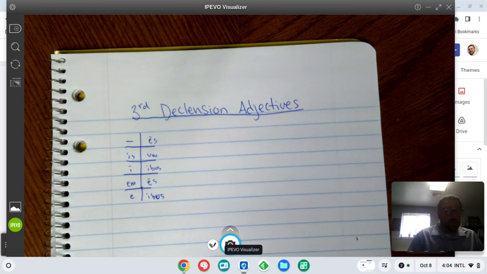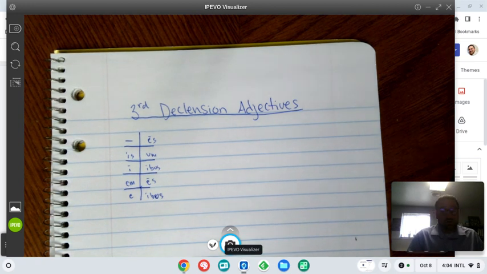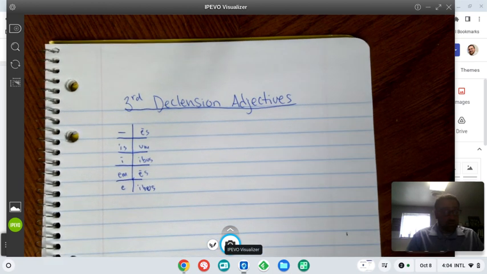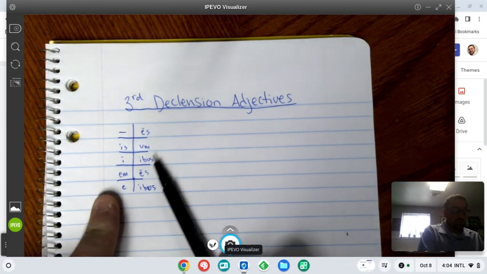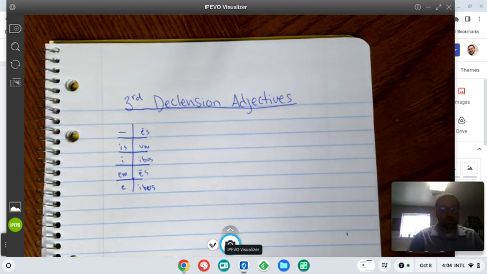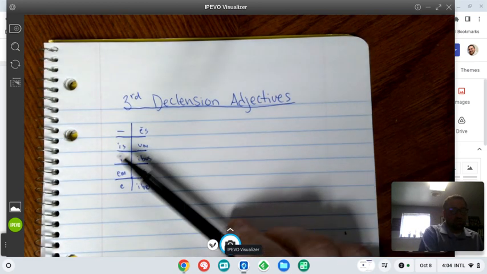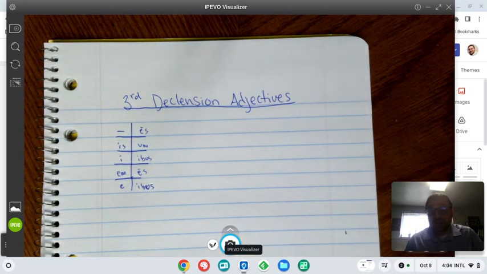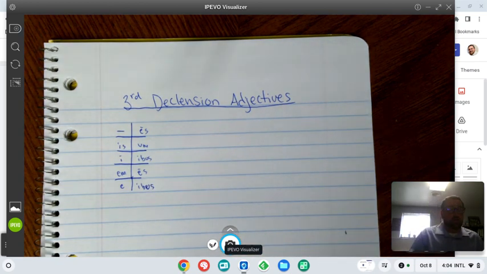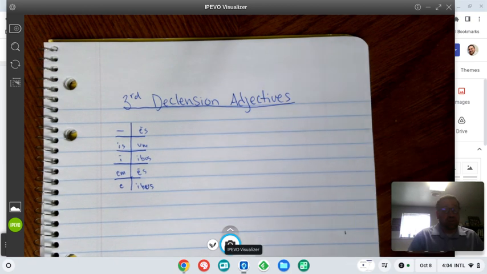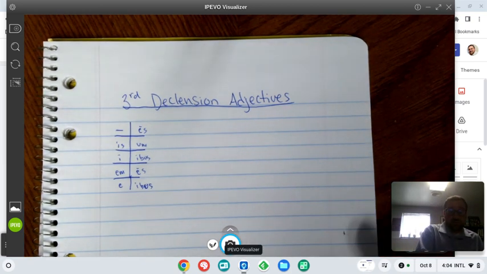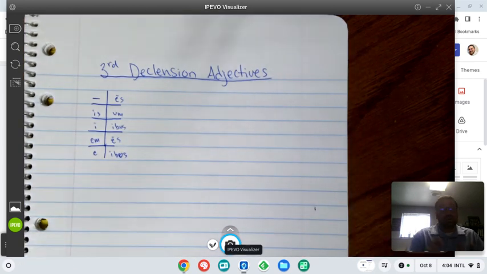Now, there are going to be some differences with third declension adjectives and this third declension chart. This is only here as a reference. This is only going to get us started. When we did the first and second declension adjectives, the endings that you learned from the first and second declensions for nouns were the exact same.